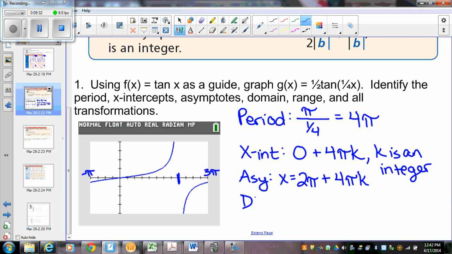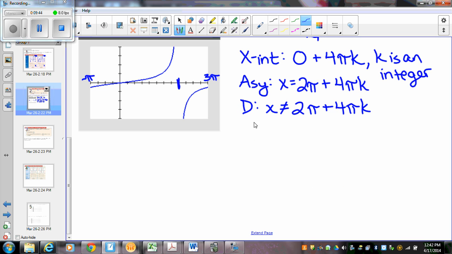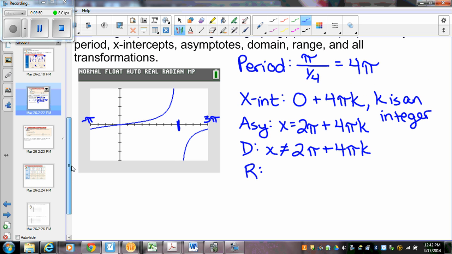My domain then is going to be that x cannot equal wherever my asymptotes occur. So whatever you write for the asymptotes, you just rewrite the exact same thing for domain, except you put cannot equal. Your range then will be all real numbers. That will be the case for both tangent and cotangent.